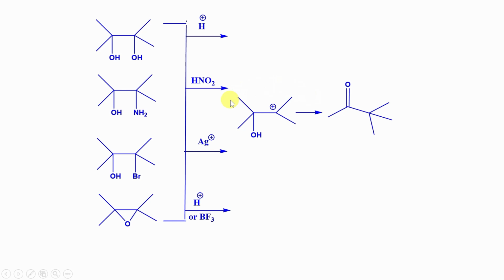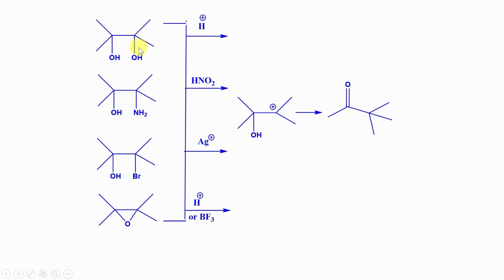Pinacol rearrangement may be given by a 1,2 diol, or a 1,2 amino alcohol, or a 1,2 bromo alcohol, or an epoxide, with suitable reagents such as acid, silver salt, or a Lewis acid, boron trifluoride.